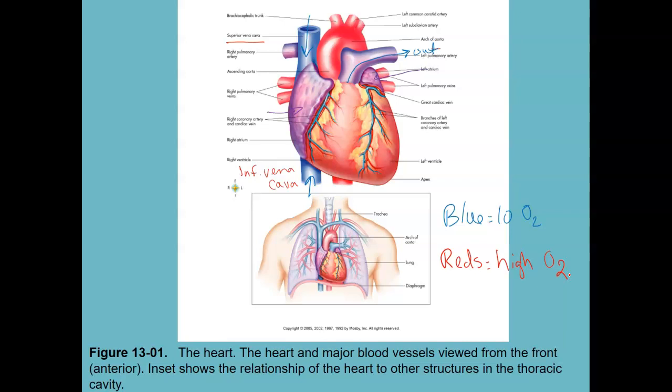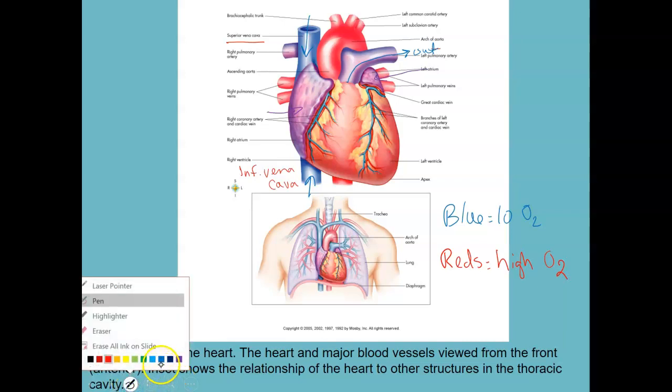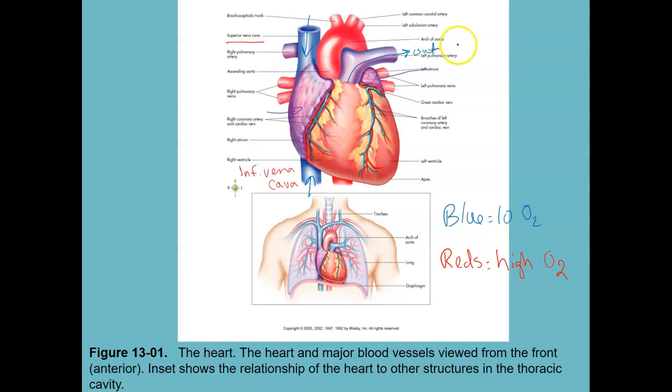So the pulmonary artery takes blood out into the lungs, okay? And that's why it's pulmonary, okay? This is the only place in the body where an artery is carrying deoxygenated blood. In the circulatory system, we typically say veins carry deoxygenated blood, arteries carry oxygenated blood.